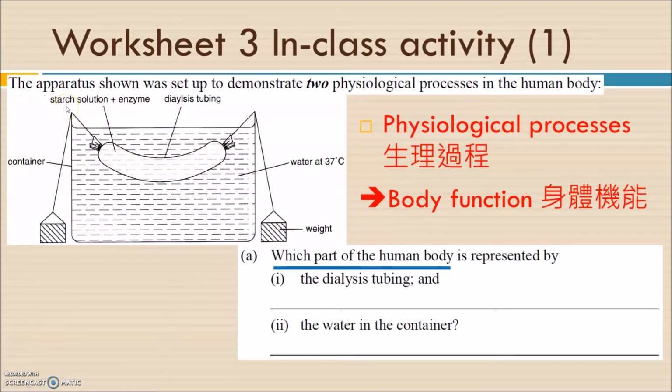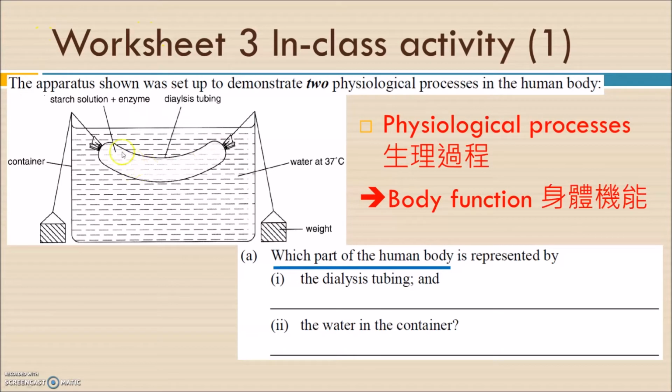Starch is a large and complex molecule, and the enzyme can speed up the breakdown of the starch, maybe the amylase, maybe the maltase. You can refer to the names of the enzymes in worksheet number 2. I don't talk much about this; you can check worksheet number 2 by yourself.